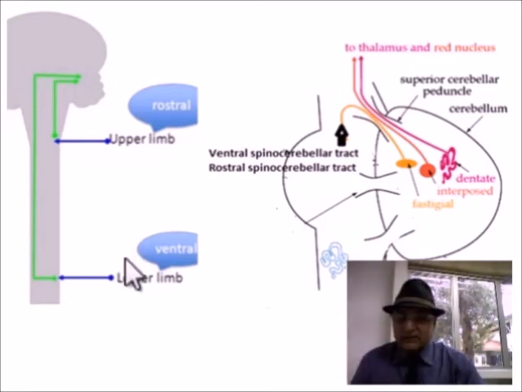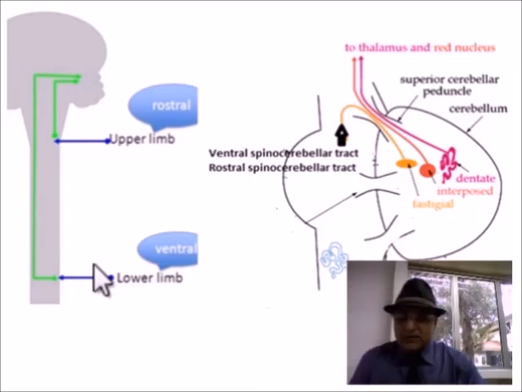As we have known, the anterior spinocerebellar tract enters the spinal cord and crosses to the other side, then ascends upwards to reach the midbrain, and from the midbrain it crosses again to reach the same side of the cerebellum. So the anterior spinocerebellar tract crosses twice, which is already known to us.